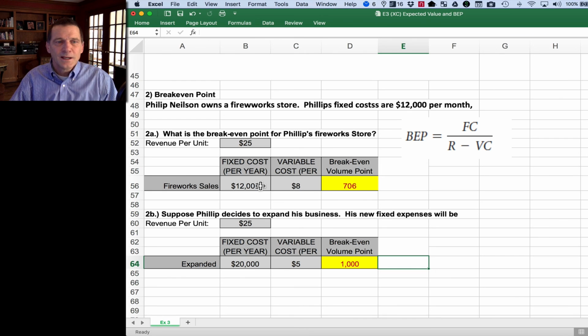His total cost structure went up by some percentage, and his break-even point went up by some percentage. But because his variable cost per unit fell, his overall profitability, once he hits his break-even, is going to be tremendously enhanced, right?